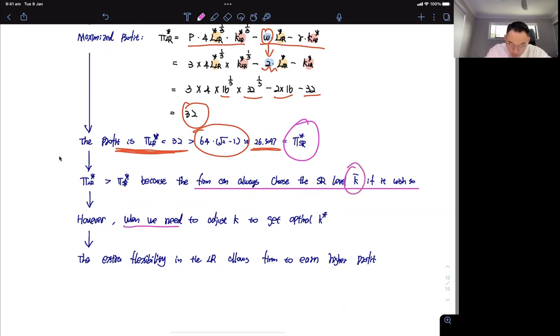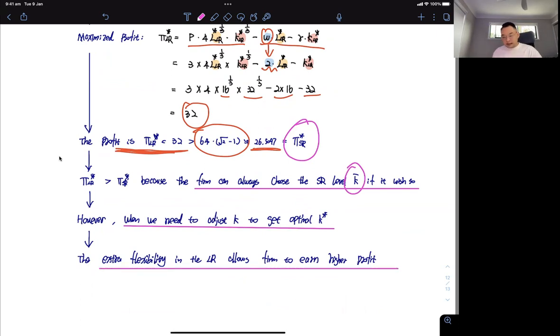However, when we adjust K to get the optimal K star, the extra flexibility in the long run allows the firm to earn a higher profit. This makes sense, because in the short run you can't change the capital level, so all you have is changing labor. The space you have to play around with to maximize your profit is smaller. So if you allow yourself to change capital as well, which means in the long run, you will obviously have a higher profit.